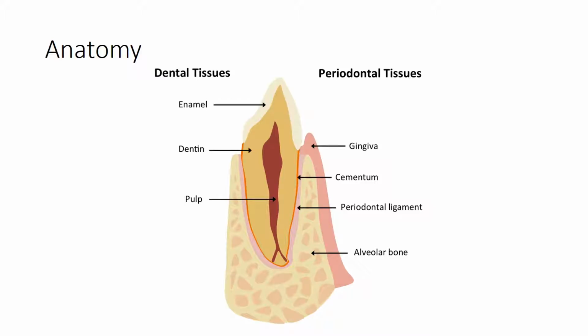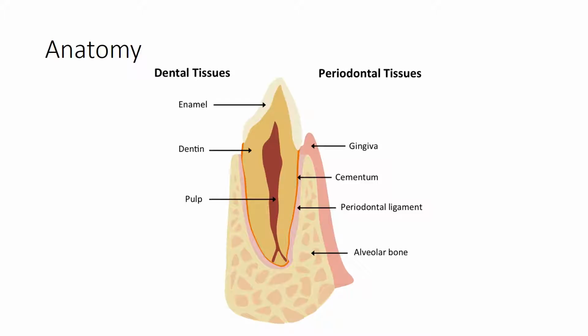The tissue surrounding the tooth, termed the periodontium, consists of cementum, periodontal ligament, alveolar bone, and the gingiva. Cementum is the thin cellular layer surrounding the root, which allows attachment of the periodontal ligament fibers. The periodontal ligament is a thin 200 micron layer of tissue that extends from the alveolar bone to the cementum.